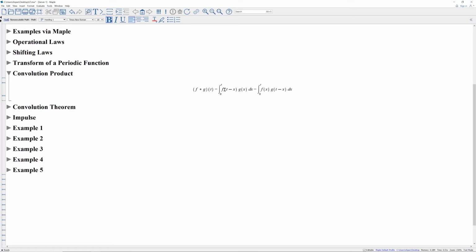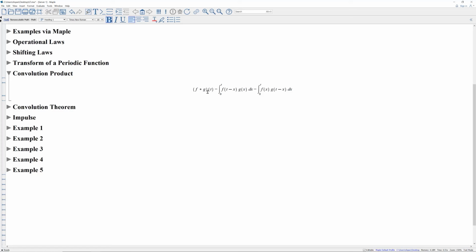Shift in g, leave f alone, or shift in f, leave g alone. I would tell my students this is f of t minus a dummy variable, g of the dummy, or f of the dummy, g of t minus the dummy, and the integrals are 0 to t. So this defines a convolution of f and g.